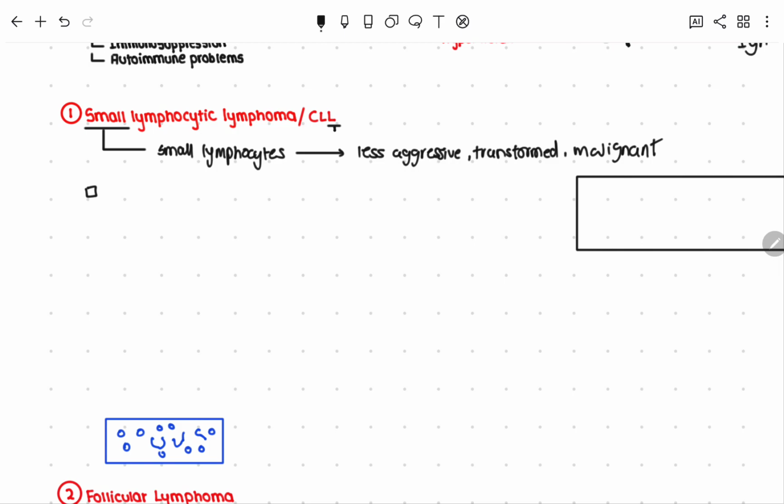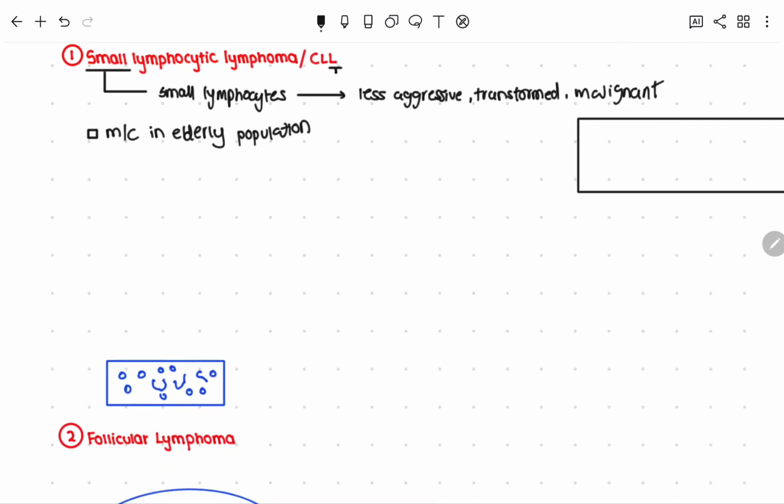Some important things you need to know about this is that this is most commonly seen in the elderly population. This is indeed a B cell lymphoma, but what you will need to know is that normally small lymphocytic lymphoma presents with one T cell marker, which is normally not seen in B cells, and that is CD5.